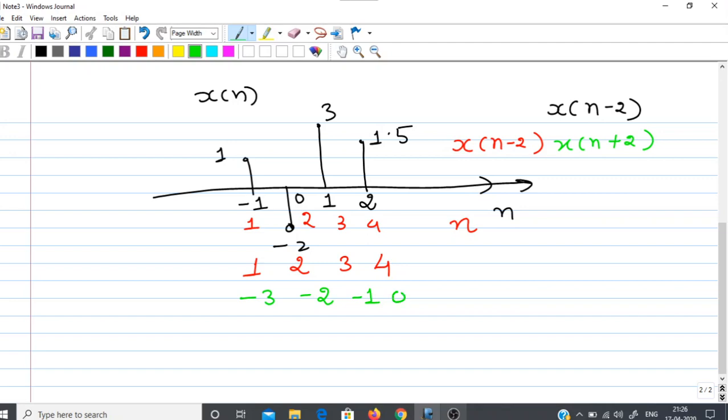And this 2 will reach at 0. So these green time indices correspond to x[n plus 2]. So you need to change only the time indices. There won't be any change in the values of x[n]. So this is the time shifting of a sequence.